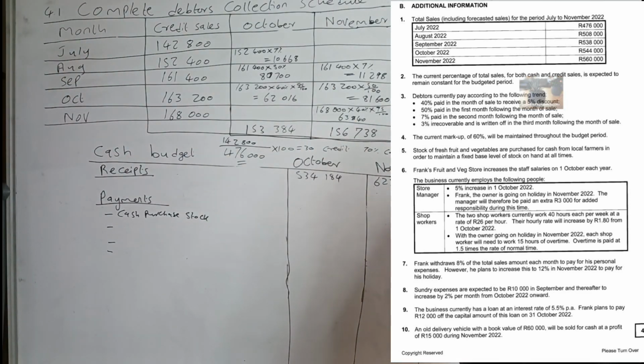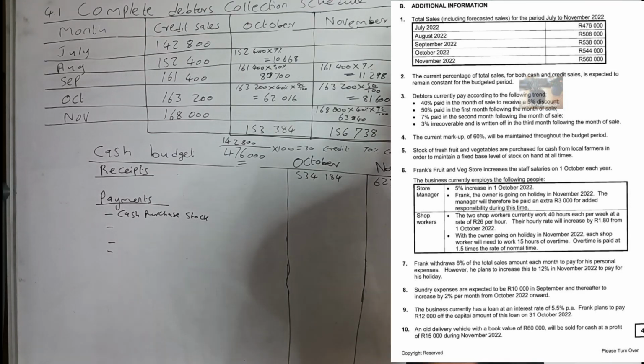Now let's take the transaction that is related to this one, which is transaction number 4. The current markup of 60% will be maintained through the budget period. They also say that the stock, fresh fruit and vegetables, are purchased for cash from local farmers in order to maintain a fixed base level of stock on hand at all times.